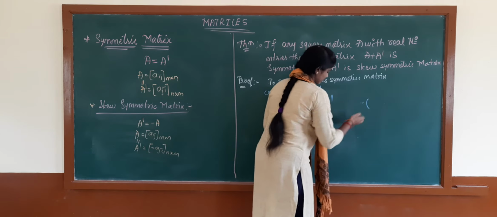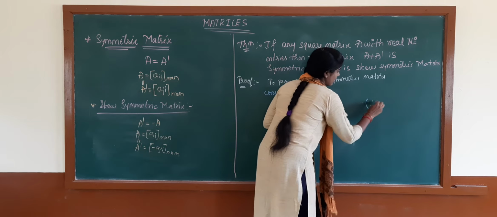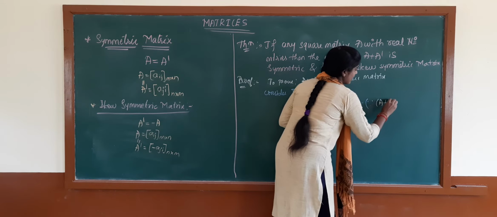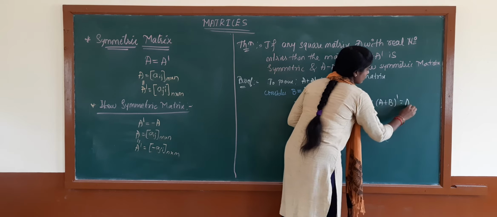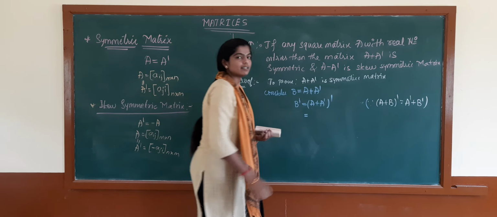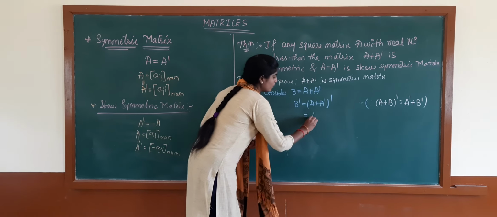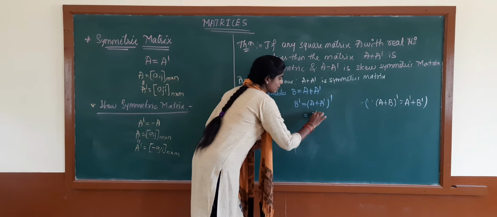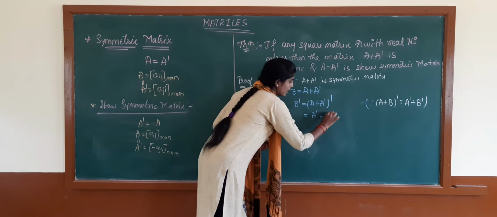By the property that the transpose of A plus B equals A transpose plus B transpose, applying it here we get A transpose plus the transpose of A transpose.